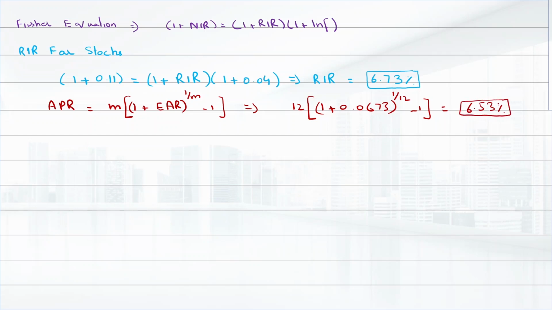So this is the APR, but we have to find the monthly interest rate. So we will divide this APR by 12, and in monthly form, 0.0653 divided by 12 is equal to 0.54%.